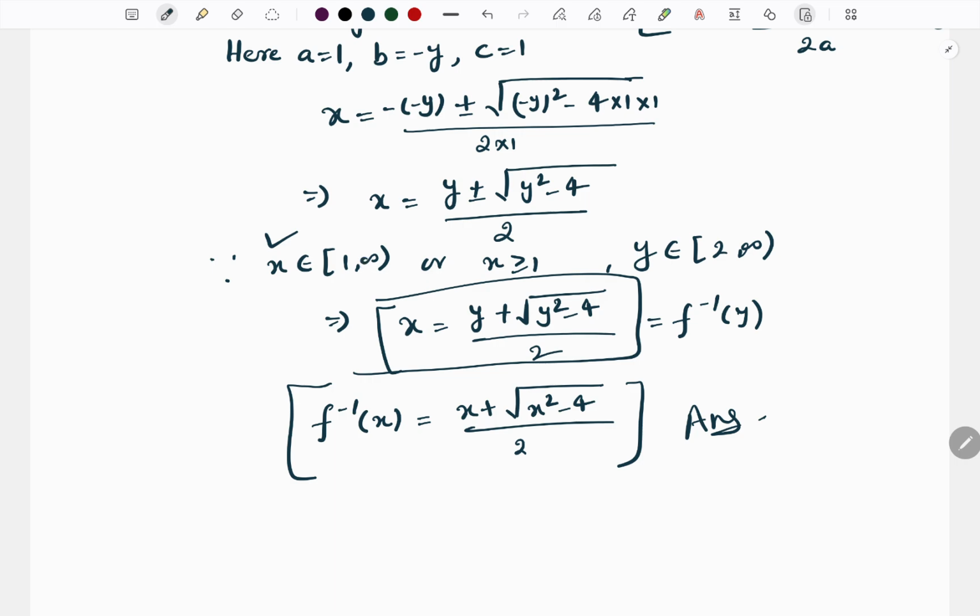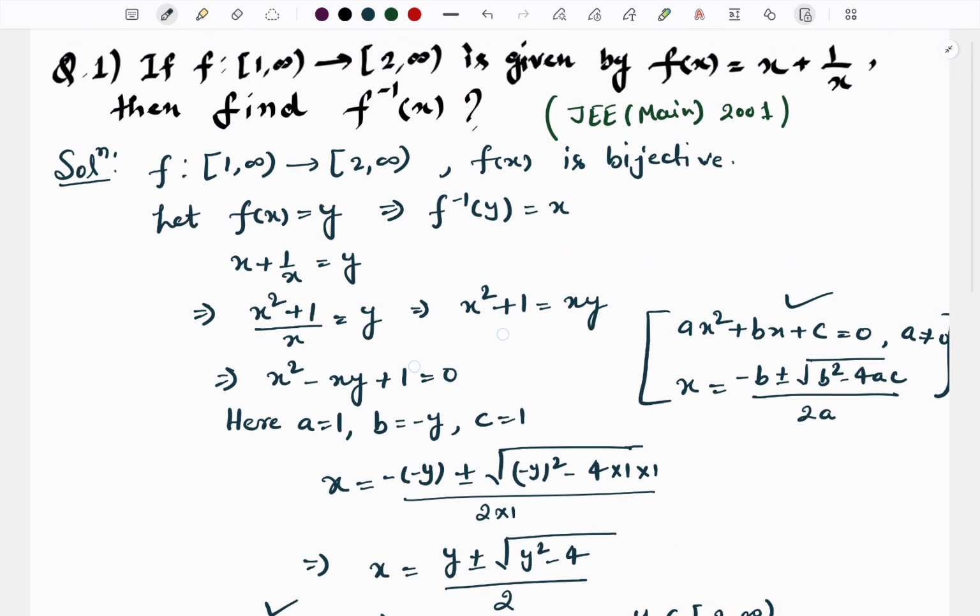So what we did in this solution: it is not a tough problem, it is very easy. We just put y in the place of f(x), and then solve for x. Whatever expression you get for x in terms of y will be the inverse function.